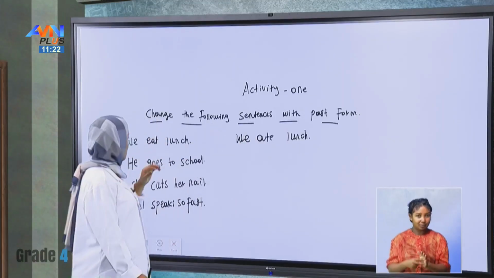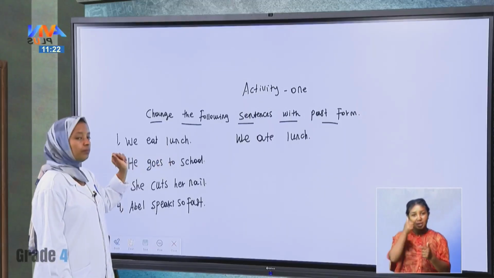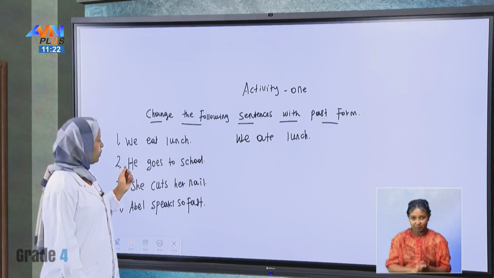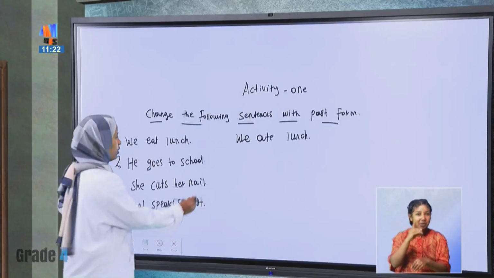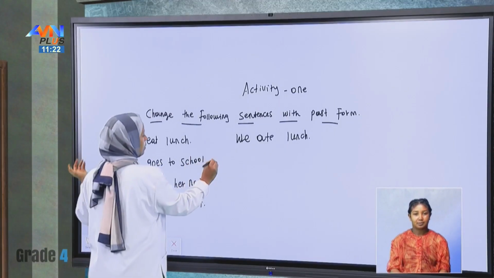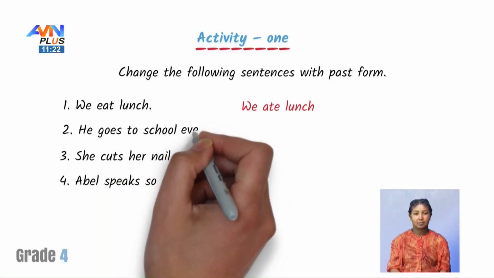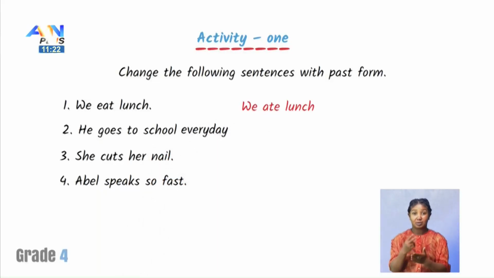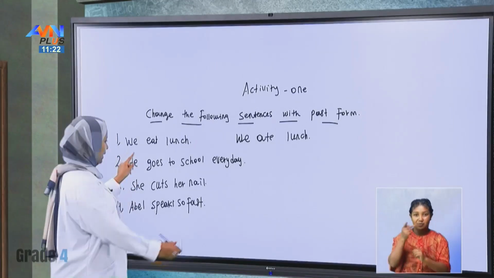Bravo, students. Here is, he goes to school. For example, we can say here every day. Let me add one thing. School, for example. Let us say every day. Look at this example, students. Let us change this to past form. He.